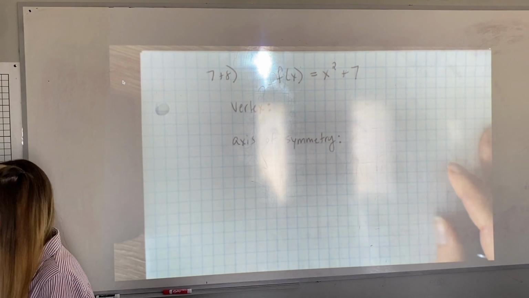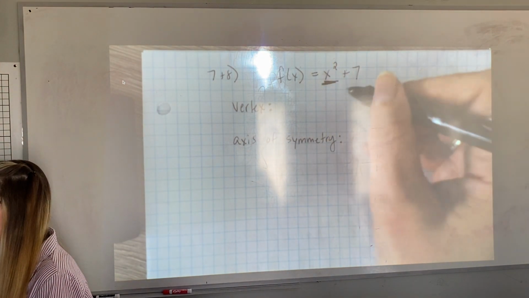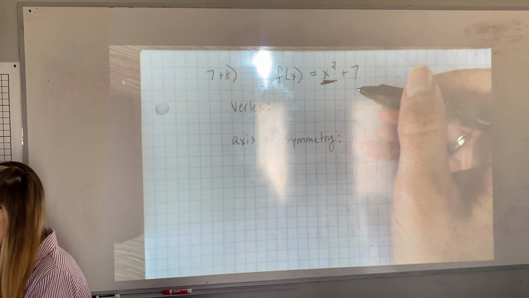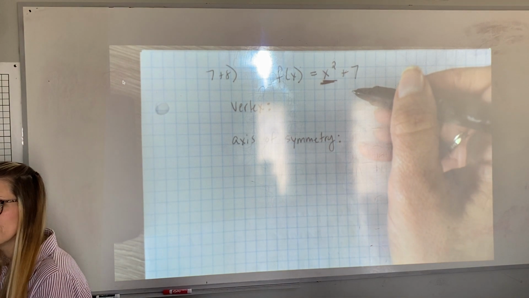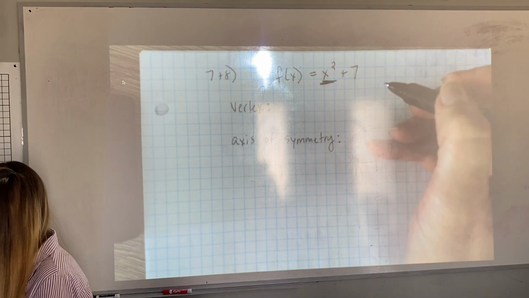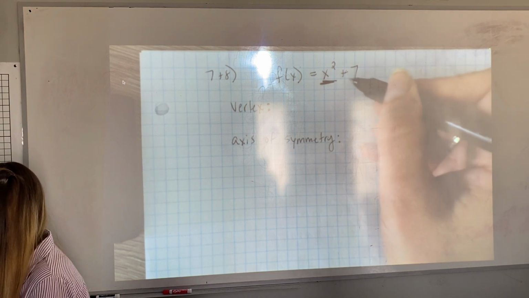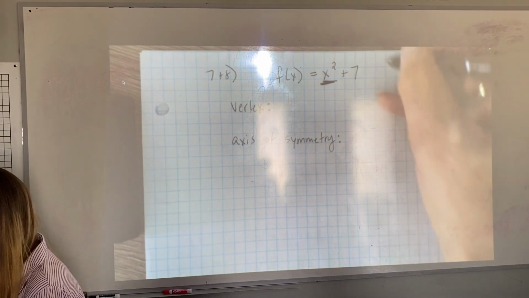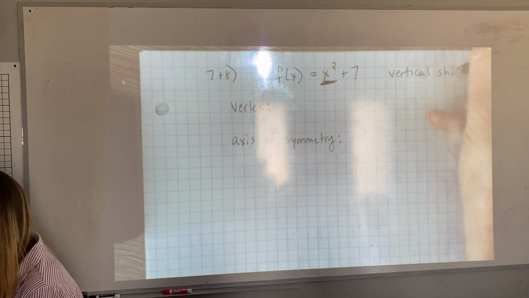So now we have a function that has the parent function right here, but then 7 is being added to it. How does that change the parent function? Yes? Yeah, it shifts vertically. So adding or subtracting to the parent function shifts it vertically. Vertical shift.